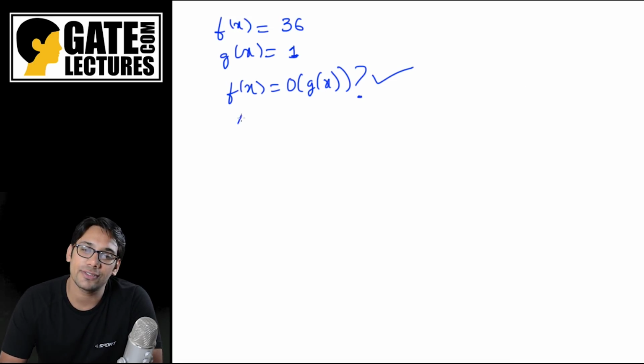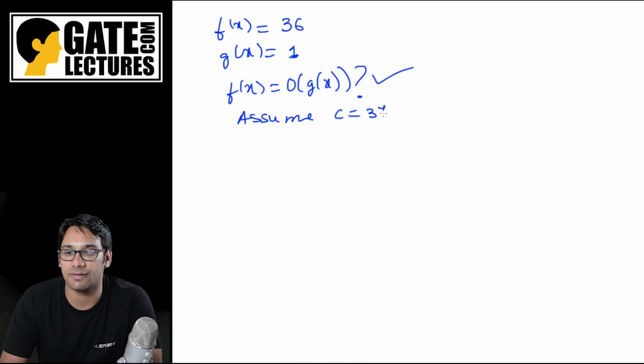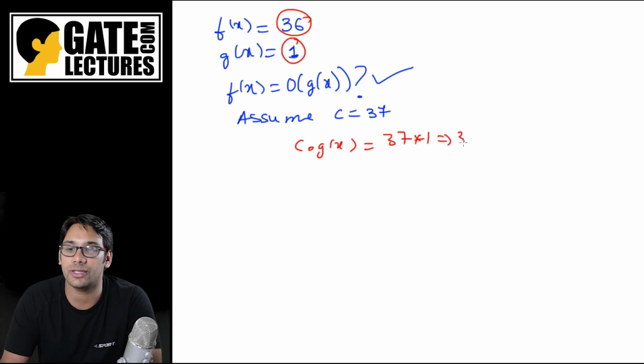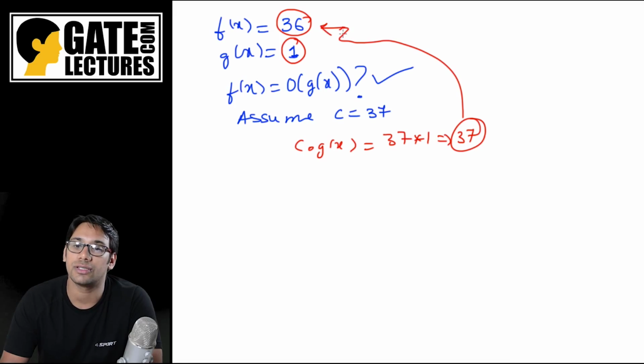So let us assume the value of c is 37. Here there's no x in these terms. But if you take c dot gx, then c dot gx will become 37 into 1, which is equal to 37, and 37 is actually greater than 36. Therefore I can say that fx is order of gx.